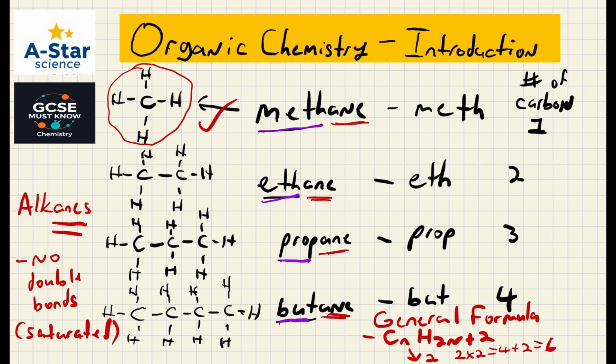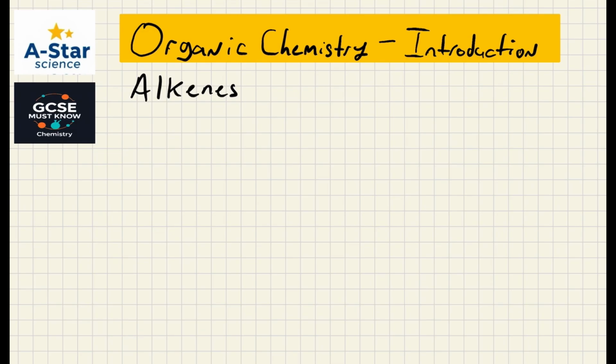And we can see that ethane does indeed have 6 hydrogens if we count them on the left side of the screen. So that's the general formula for alkanes, which is CnH2n+2, n meaning just a number. We can also look at another family that we call the alkenes.